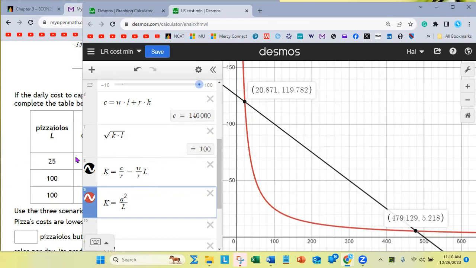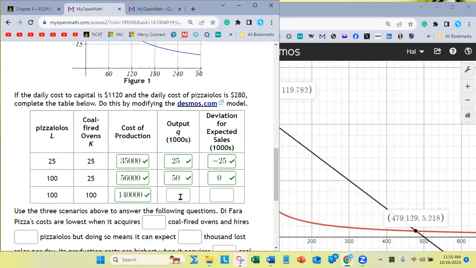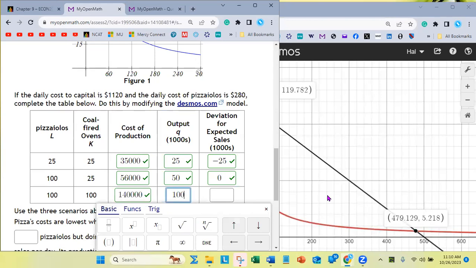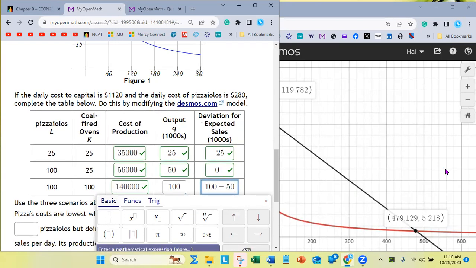Okay, and our output is 100. With 100 coal-fired ovens and 100 pizza chefs, we're going to produce 100,000 pizzas a day, but we only expect to sell 50,000.